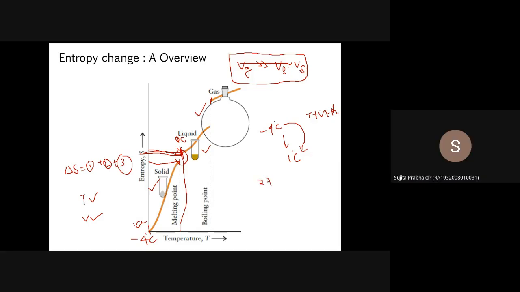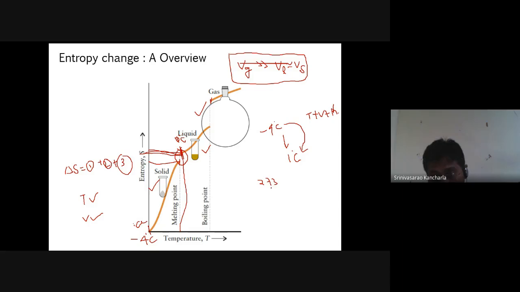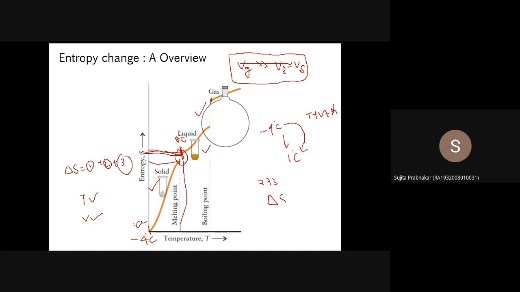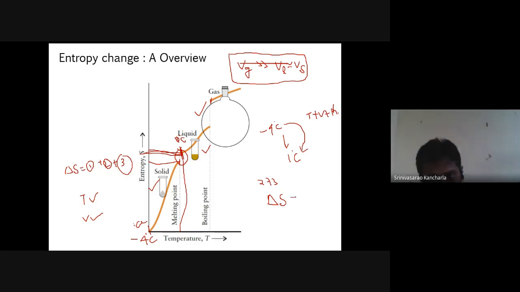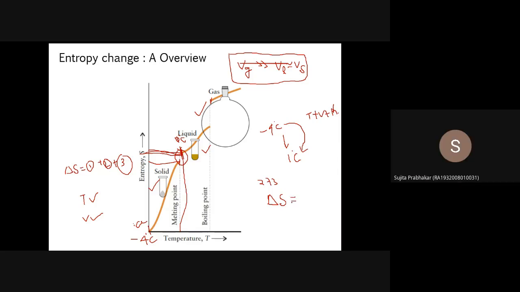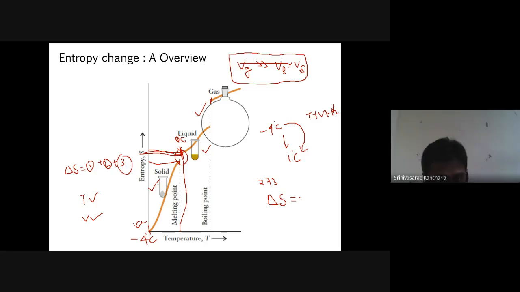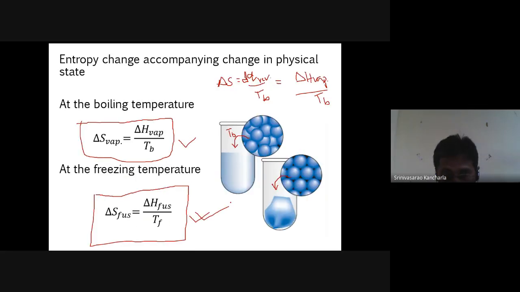At 273 Kelvin, delta S is 28.80 calories K inverse, and the heat of fusion is 80 calories g inverse. Delta H fusion is given to you.